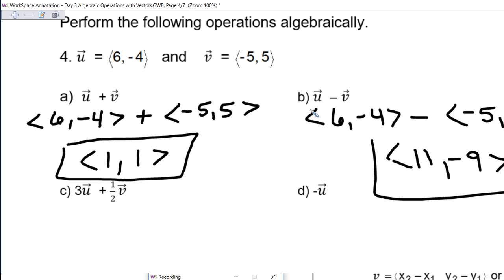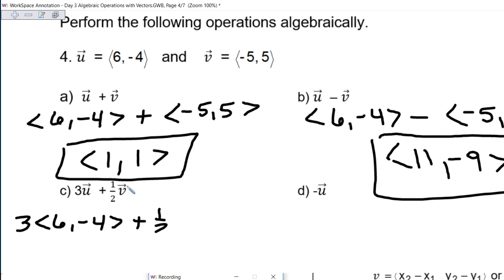Problem C, we have 3 times vector u plus 1/2 times vector v. Again, left to right. So the 3 goes first. And then we have vector u, and vector u is 6, negative 4, plus 1/2. Now we have vector v. What do I put for vector v? Negative 5, 5. Now again, PEMDAS, take care of your distributing.